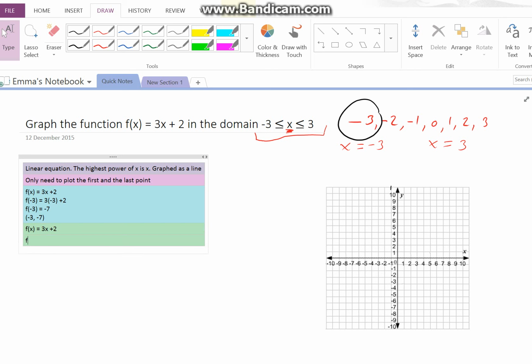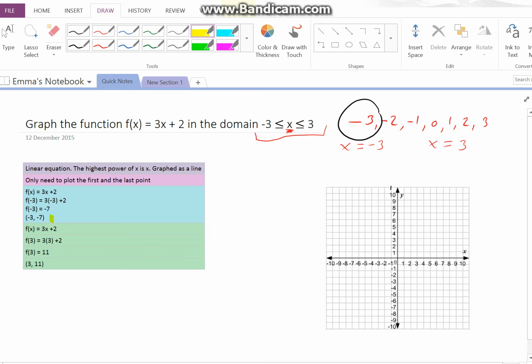So f of 3 equals 3 times 3 plus 2. So f of 3 is equal to 9 plus 2, which will give us 11. So we know our x point was 3, and now we found our y point was 11, so the point is 3, 11. So we'll plot these on our graph now. We just highlight the points so they stand out to us.